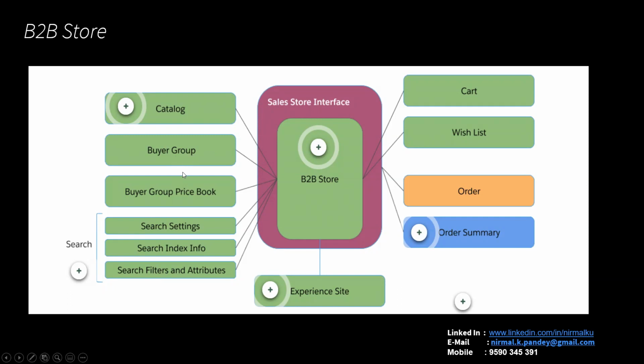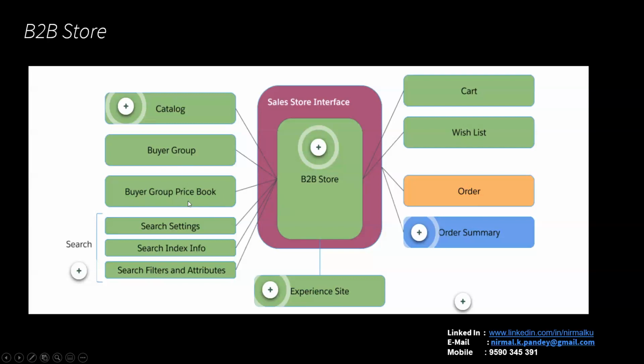Buyer group, like I talked about, it's like a grouping of accounts. You could have premium or regular buyer groups. Now each of these buyer groups will be associated to different type of maybe entitlement policies and so on, so that you can show or view only specific kind of products there. Then we will talk about the buyer group price book, right?